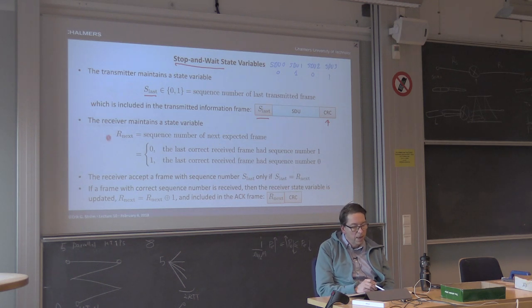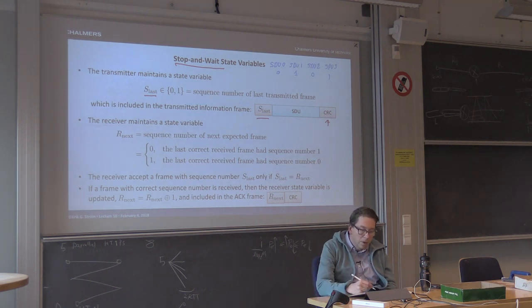Another way to say it is that R next is the frame which is requested, the number of the frame that the receiver would like to see. So you can think of it as a request. It's 0 if the last received frame had sequence number 1, and it's 1 if the last received frame had sequence number 0.